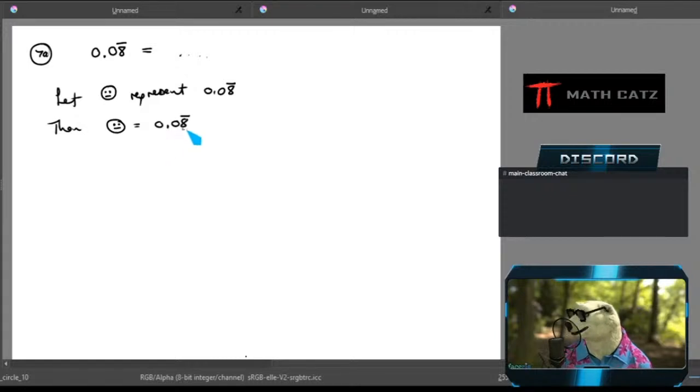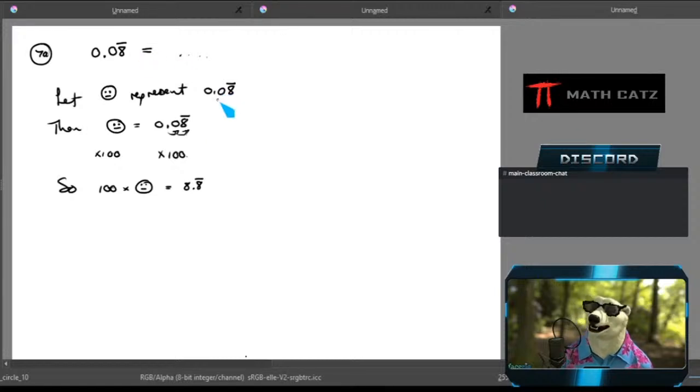I want to get the repeated portion out in front of the decimal point. So I'm going to have to move it twice, which means multiplying by 100. So I have 100 meh faces, and I have on the right 8.8 repeating.